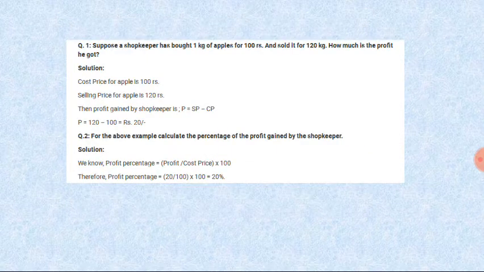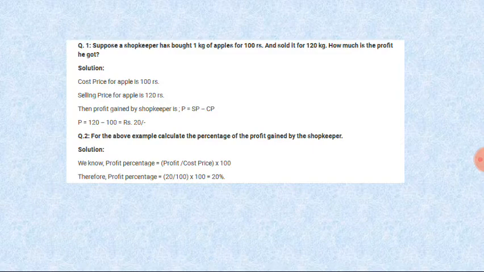Suppose a shopkeeper has bought 1 kg of apples for rupees 100 and sold it for 120. So 1 kg of apples, rate 100 rupees, sold for 120. How much is the profit? The cost price of the apple is rupees 100.